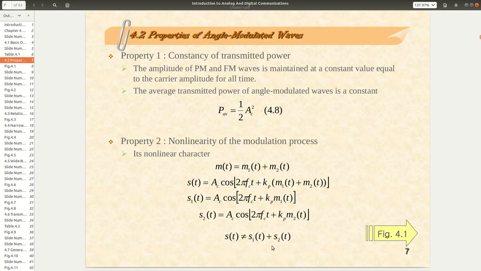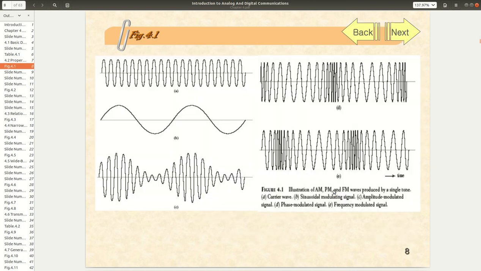If you put m1 plus m2 inside the cosine, and take s1 and s2 as the outputs, you can't assume that s of t is equal to s1 plus s2. If you take the summation, you can't get to this equation. That's why it is nonlinear.